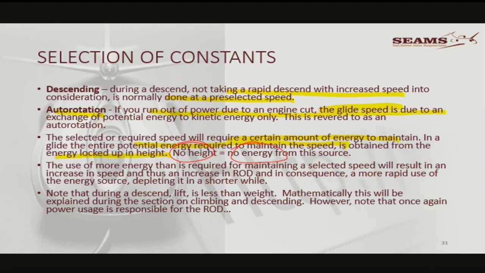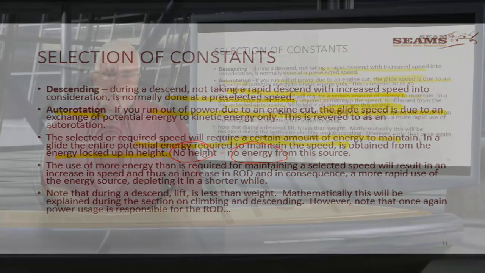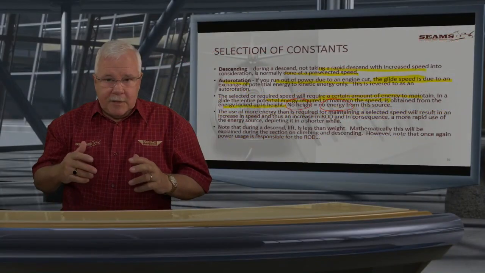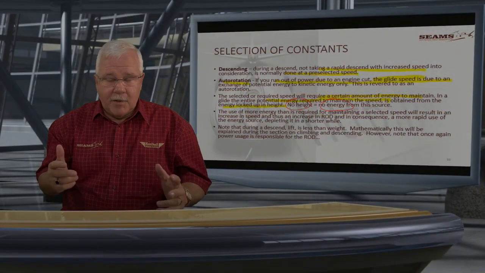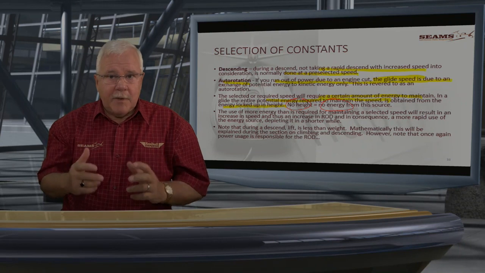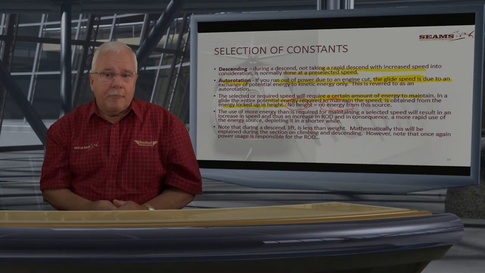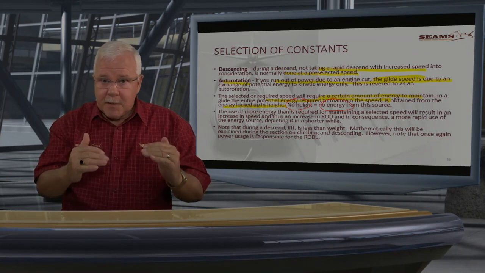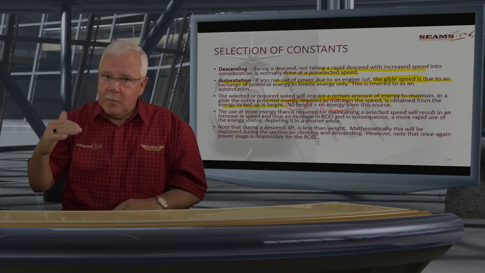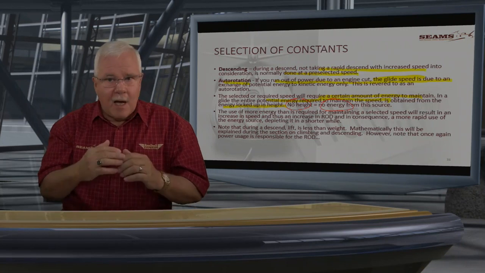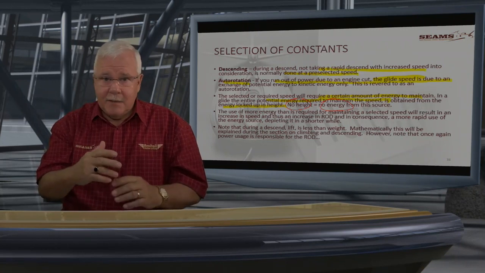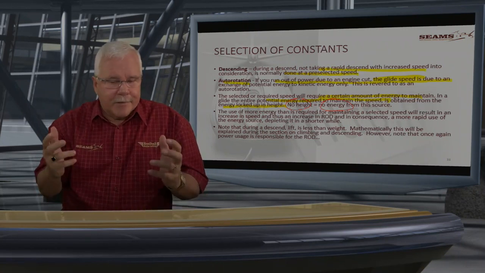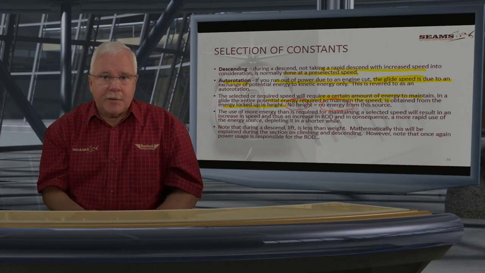If there is no height and no energy source, then if you run out of height and you haven't got an engine, then you and Mother Earth are going to meet up. At what vertical rate, I don't know, and at what horizontal speed, I don't know. Vertical rate or speed, both of those can hurt.